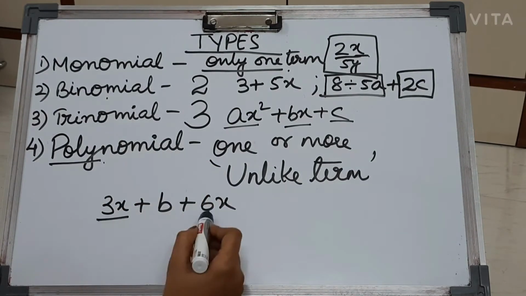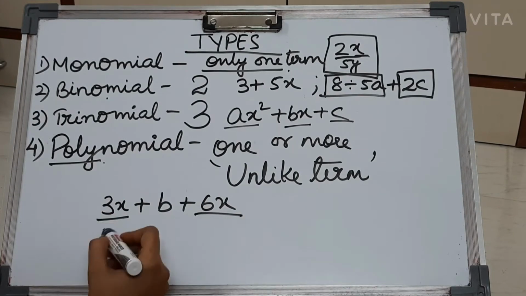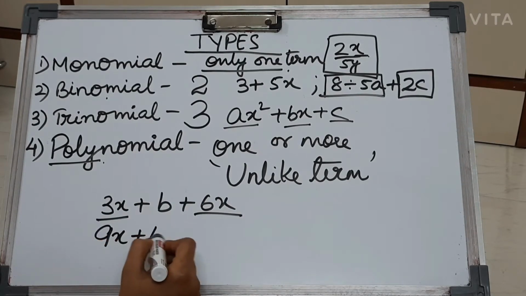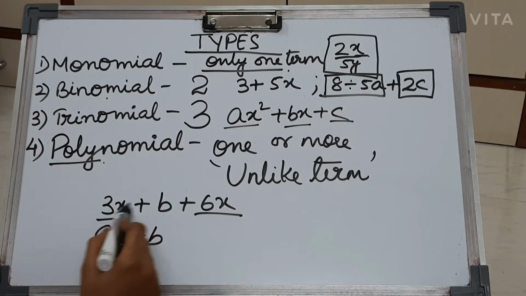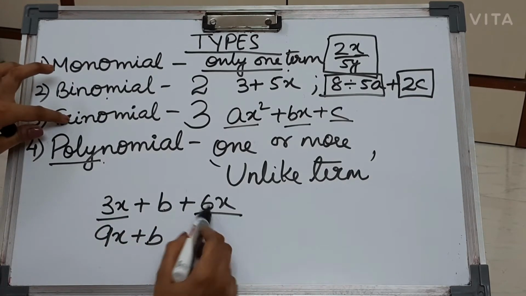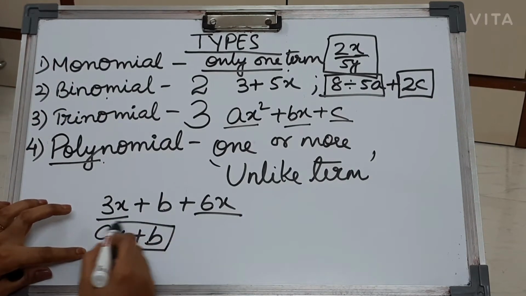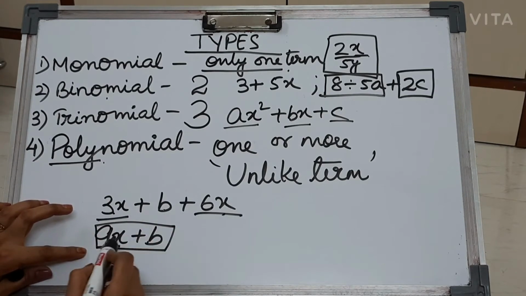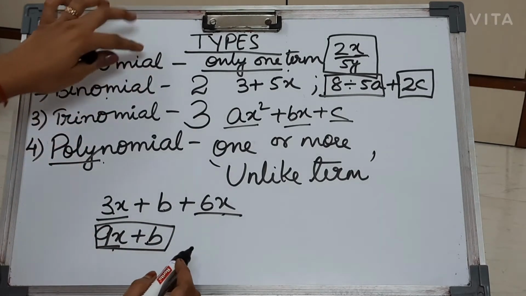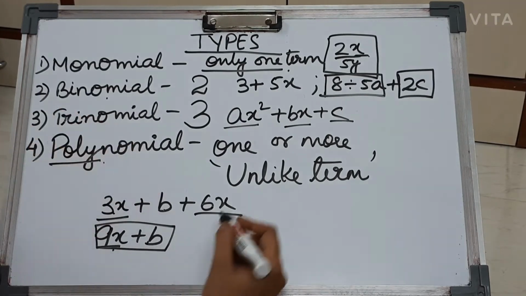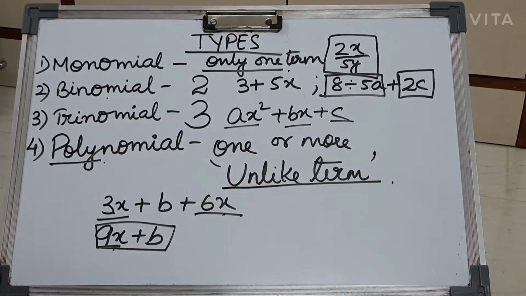This and this we can see are like terms, so we will add them up: 9x plus b. We will not say that this is a three-term trinomial, but this is a binomial because we can solve it further. So all these types should have unlike terms. This is very important here.